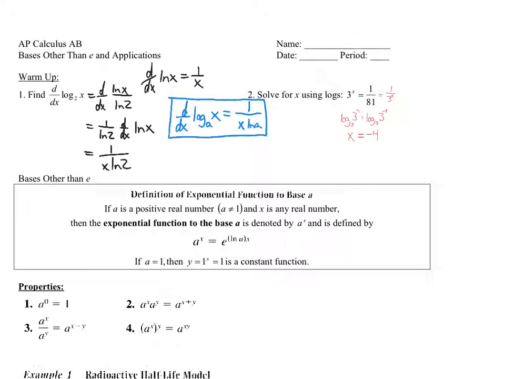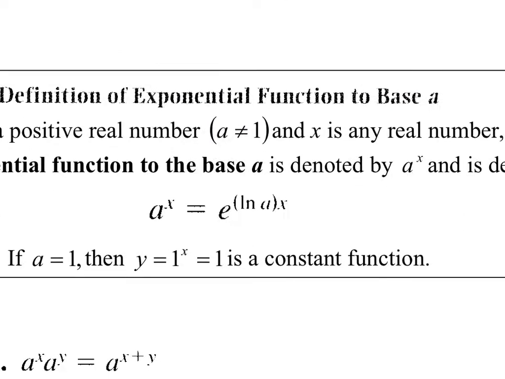And you'll notice here, it says if a is a positive real number and a does not equal 1, and x is any real number, then the exponential function to the base a is denoted by a to the x and is defined by this equation right here. Okay? a to the x equals e to the ln of a times x.